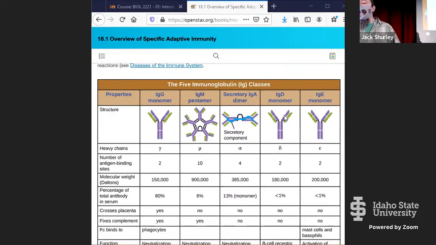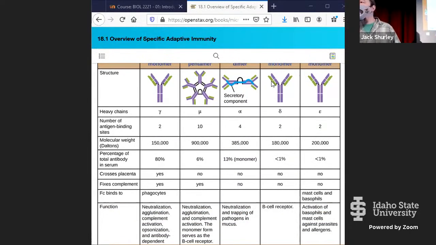IgD is on the surface of B cells, and that is important for recognition of foreign substances and activation of those cells, stimulating them to convert into plasma cells. So you can see the potential for binding to antigen, and it's all based off of the antigen binding sites up here.